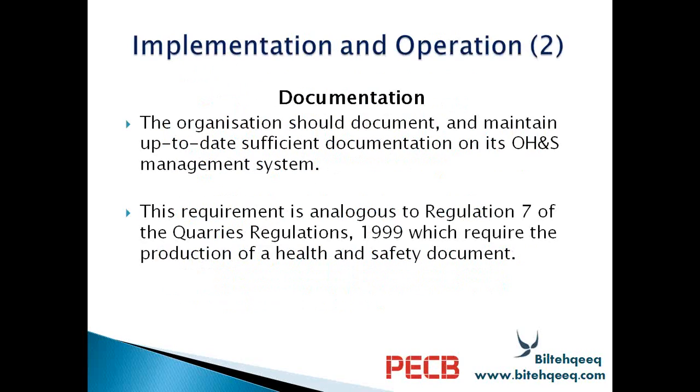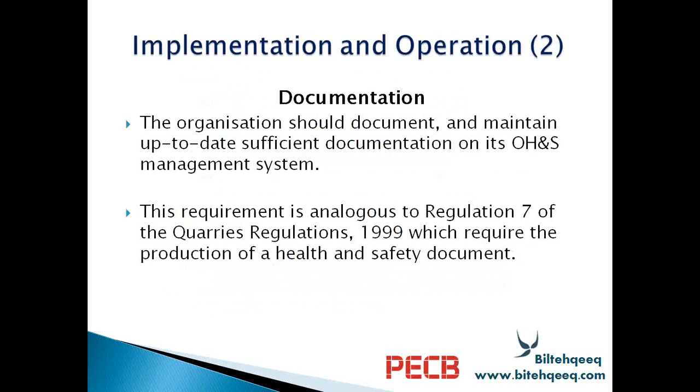The next topic we are going to discuss is documentation. The organization should document and maintain up-to-date, sufficient documentation on its occupational health and safety management system. Like other ISO standards, it also requires documentation, and the documentation should be maintained up-to-date and sufficient, according to the requirements of the Occupational Health and Safety Management System.